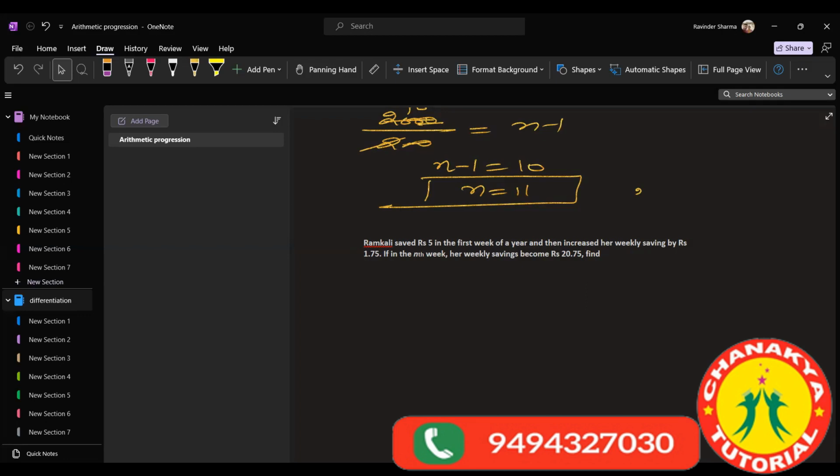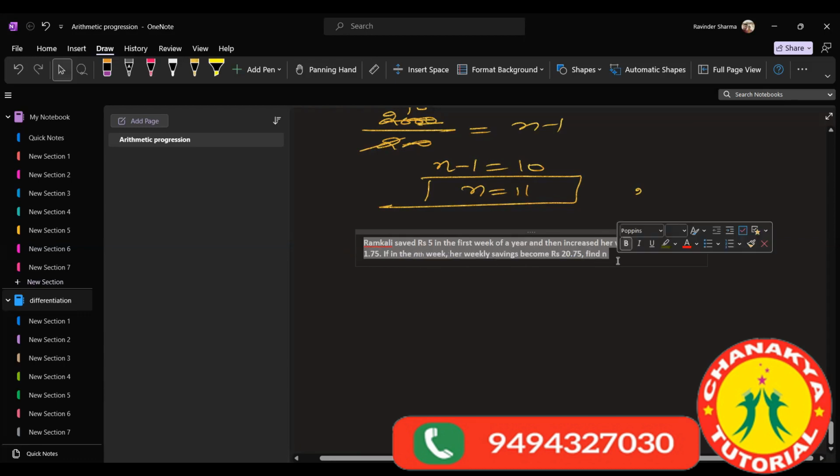If in the nth week her weekly savings become ₹20.75, then find n. Try to solve it.